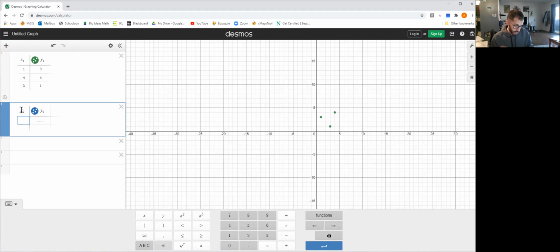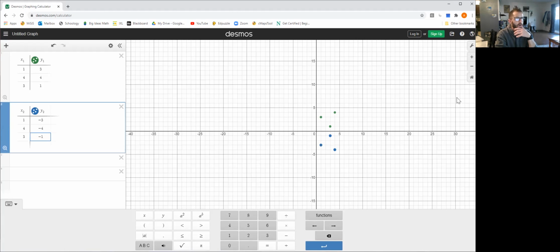If (a, b) is reflected in the x-axis, then its image is (a, negative b). What changed? (a, b) became (a, negative b). We just changed the sign on the y value, on the b, right? So let's change the sign on y and let's visually look. Do we agree? Does this reflect it over the x-axis? So (1, negative 3), okay, maybe (4, negative 4), and (3, negative 1).